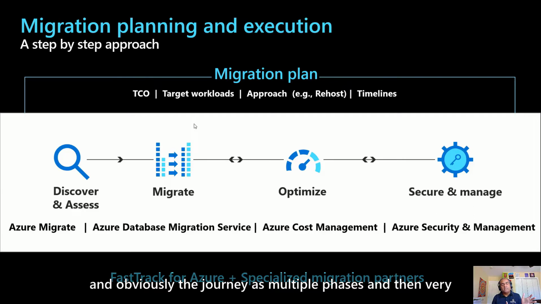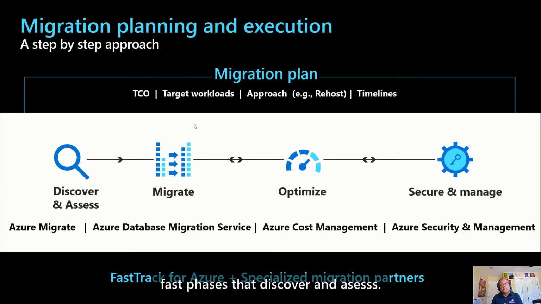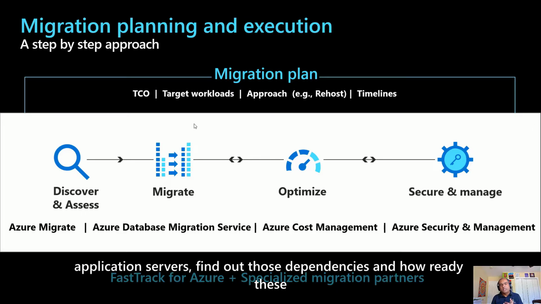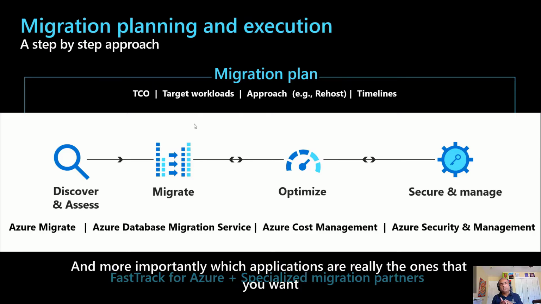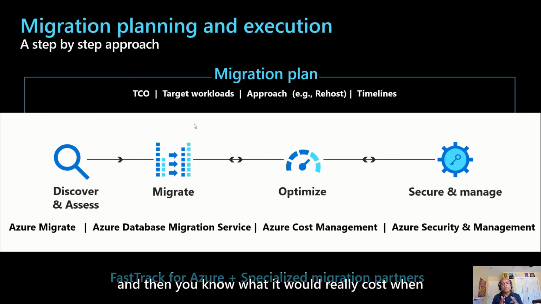The very first phase is discover and assess. This phase involves getting an inventory of all your database servers and application servers, finding out the dependencies, how ready these applications are for migrating to Azure, and more importantly, which applications you want to prioritize, and what it would cost when you migrate to Azure SQL or any of the Azure services.